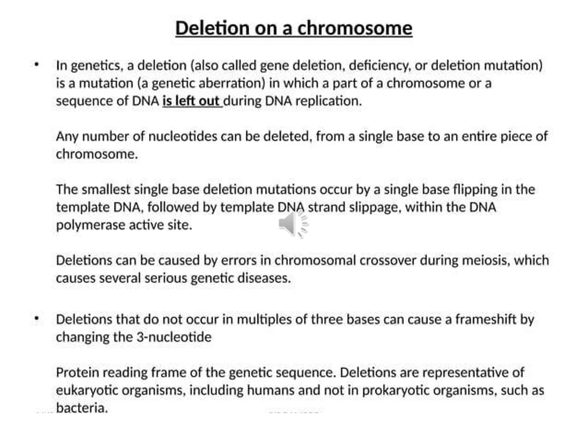Then the mechanism of deletion: basically, this is caused by DNA strand breaks and faulty recombination during meiosis, and also due to exposure to different mutagens like radiation or chemicals.